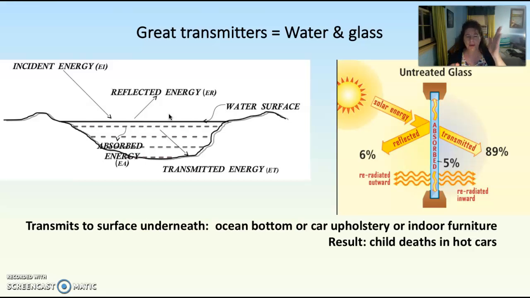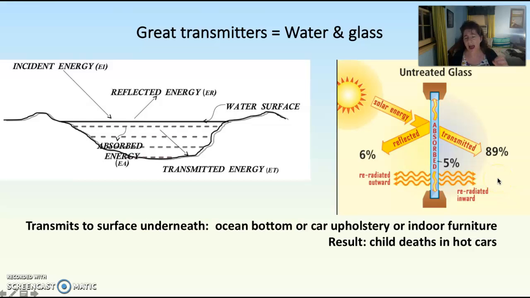It's refracted by the water, and it will be absorbed by the ocean bottom or the lake bottom. So it'll transmit, lose a bit of its energy, and be absorbed by a bottom. Same thing with glass. It transmits through untreated glass very well, and it's absorbed by furniture or carpets inside.